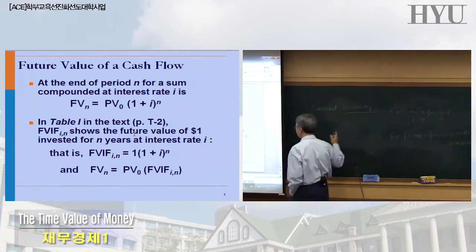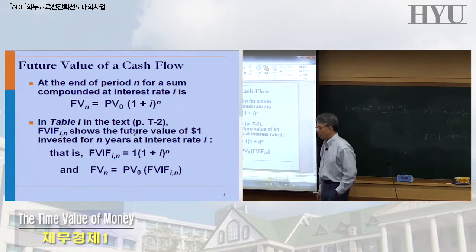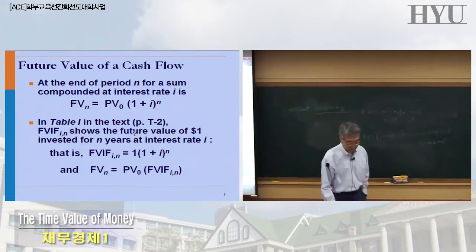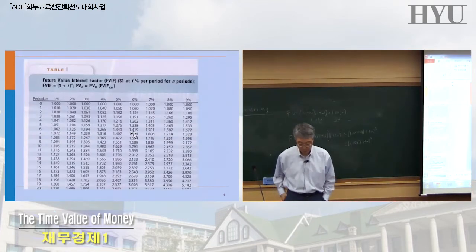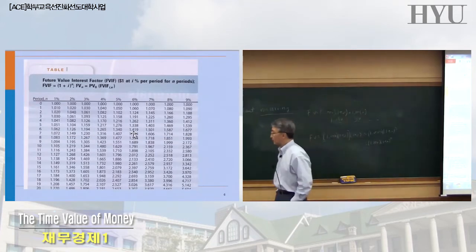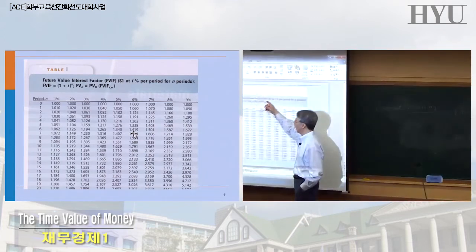You know how to calculate it. You can use this formula, but you can also use table 1 at the end of our textbook. It looks just like this one. This is a FVIF table, future value interest factor.